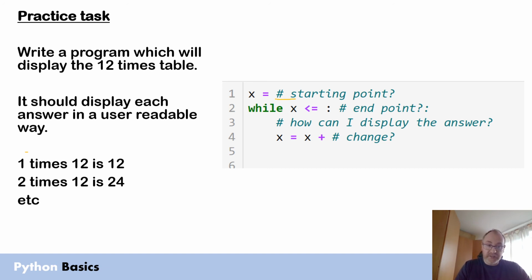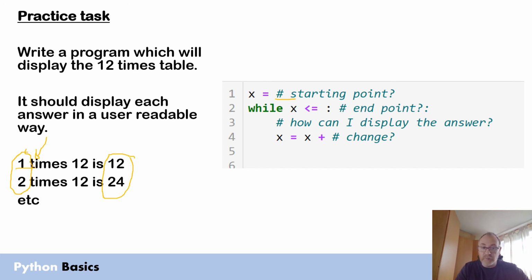Big tip is look at the numbers, because when you have a variable, the word vary means it's going to change. So the only two things that change in this are the actual answer and the thing I'm timesing 12 by. So 1 times 12, 2 times 12. Big hint, this here is what I want to be able to change. So that is going to be my starting point.